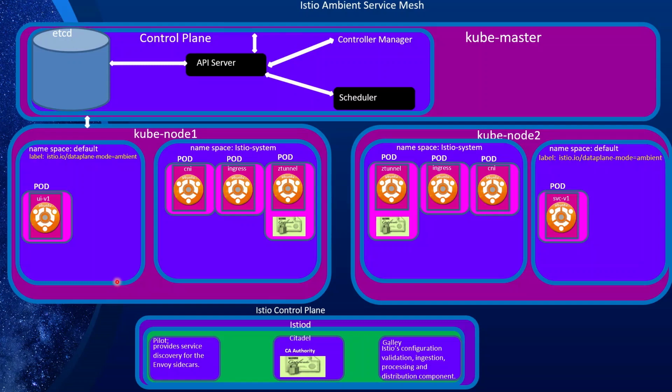Assume that the application, the UI, wants to talk to the service. The request is sent, and it's intercepted by ztunnel. ztunnel looks at the policies to see if there are any L4 policies created for this communication, and whether it violates them or not. If not, it will set up a secure HTTP tunnel with the ztunnel on the other side and perform the handshake.